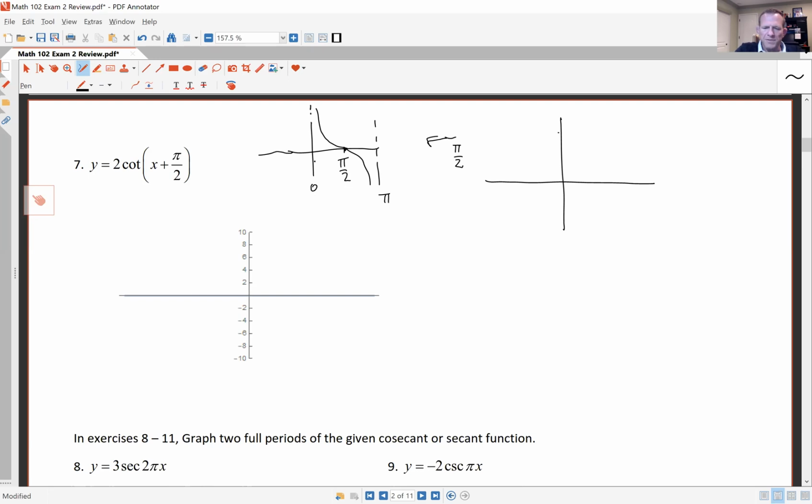This vertical asymptote is now going to be at -pi over 2. The pi over 2, 0 is now going to be at 0, 0. We're looking at this now. And the pi gets shifted left pi over 2 to pi over 2.